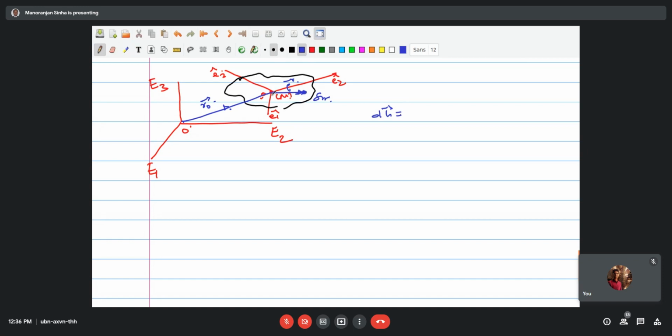So here in this case, if the point O is non-accelerating or it is coinciding with the center of mass, then we can write dH as r cross v dm, where v is the velocity of this particular particle. Otherwise, if point O is not coinciding with the center of mass, then you need to write dH equal to R plus rho cross v dm. This is the way then you have to proceed.